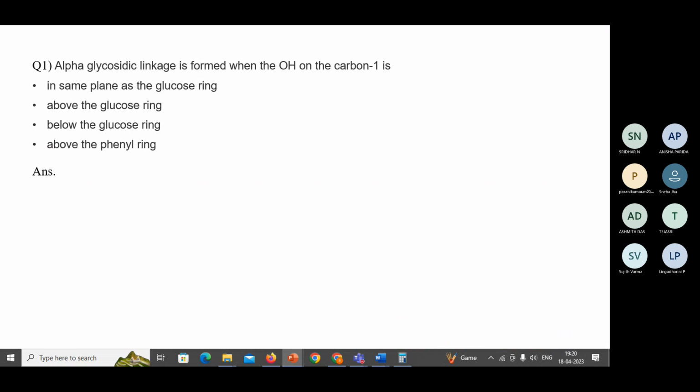Alpha glycosidic linkage is formed when OH on the carbon 1 is in the same plane as the glucose ring, above the glucose ring, below the glucose ring, or above the phenyl ring.